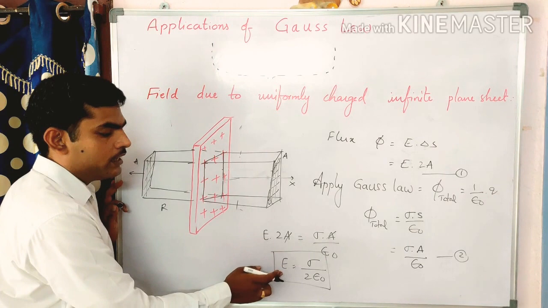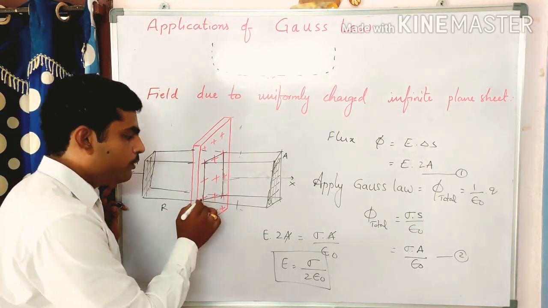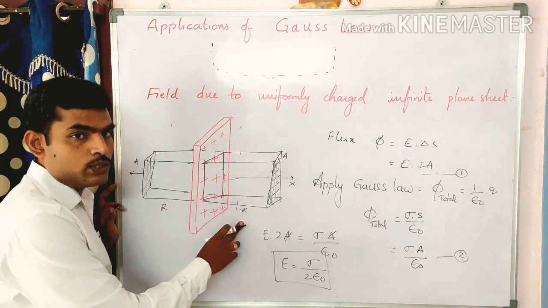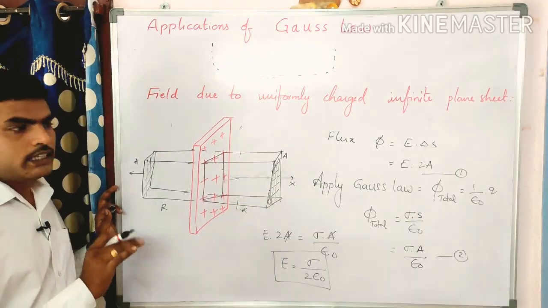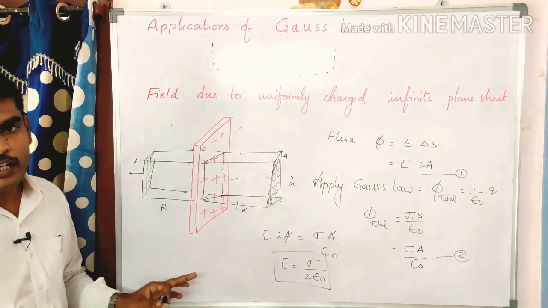The electric field depends only on the surface charge density, not on any other factor, and also not on the distance r. E is equal to sigma by 2 epsilon naught.